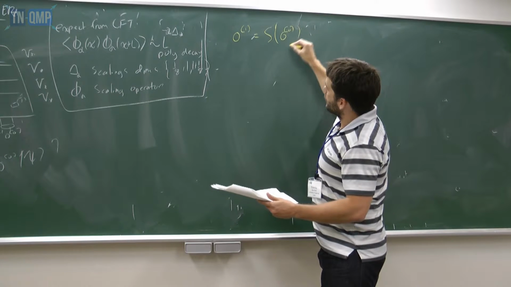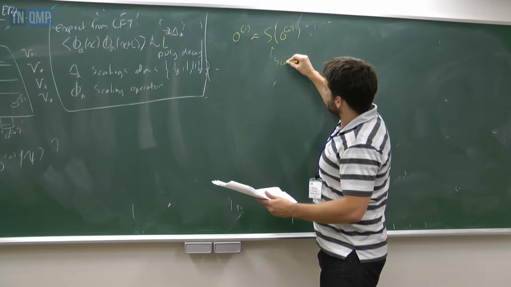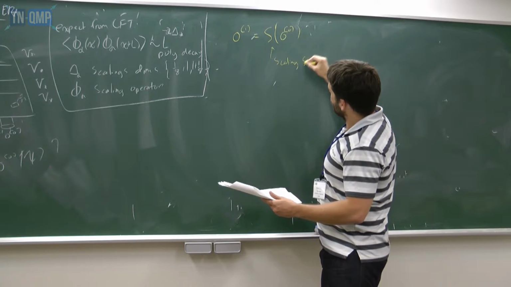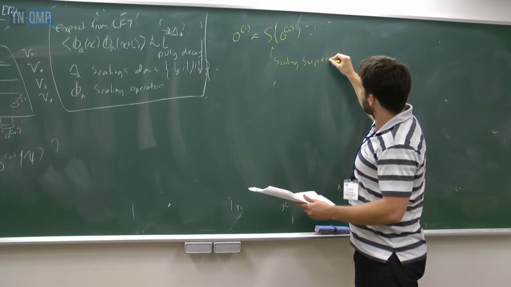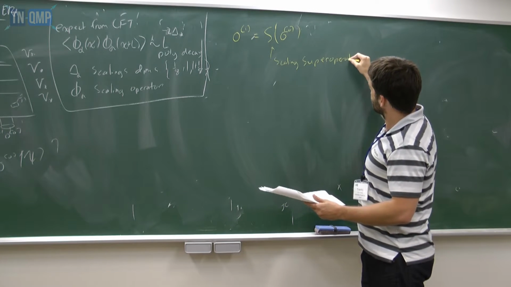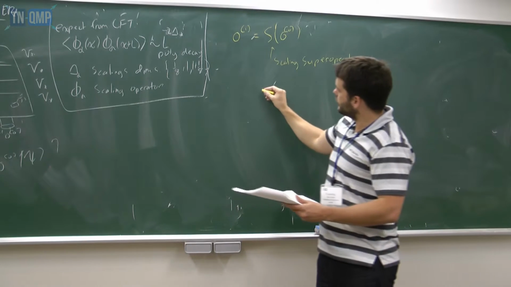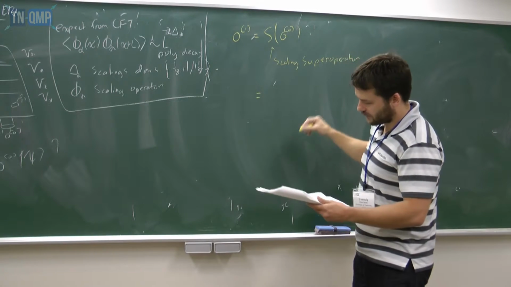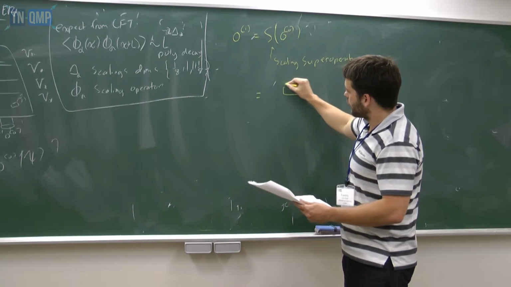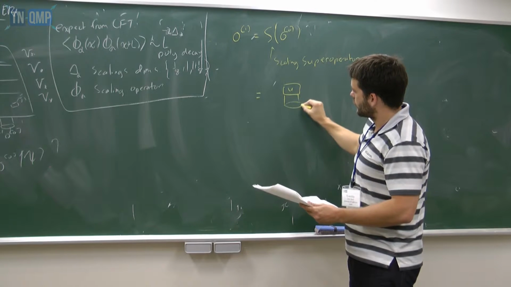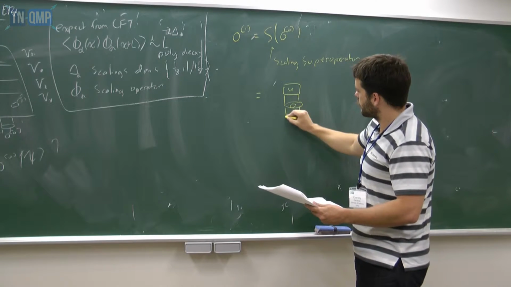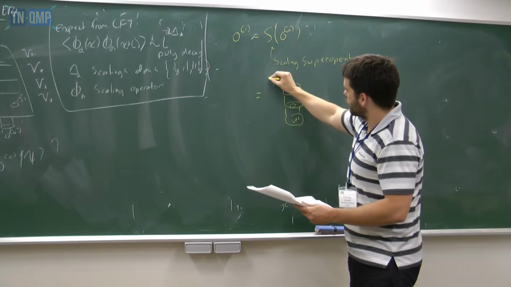I'm going to call this the scaling superoperator. This is just the thing I drew before, where I'm just going to take one of the possible contributions, 3, so this is my operator, my unitary dagger.